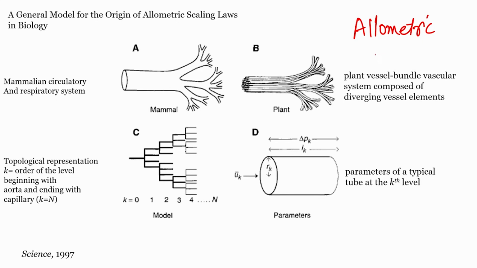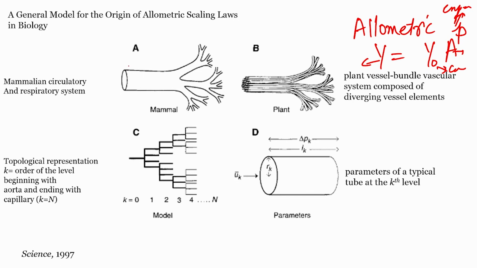Allometric scaling laws are of the type y equal to y naught a to the power p. Here y is a variable, y naught is a system dependent constant, and p is the exponent, with a being the parameter with which the scaling is happening.